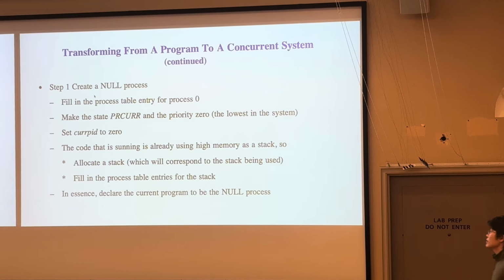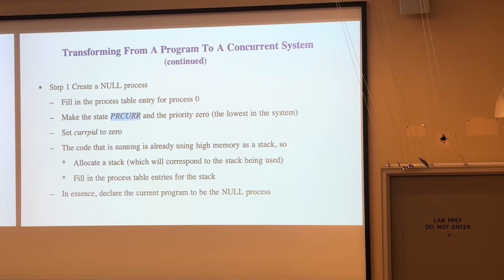The idea is this. First, we create a null process. Now we fill in the process table entry for process 0. We create this null process and make the state current and priority 0.